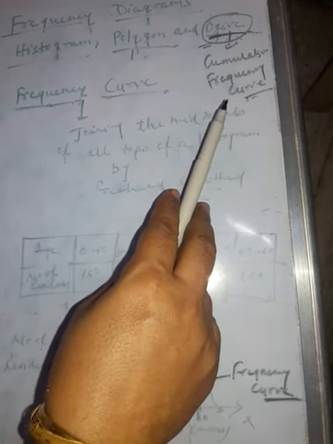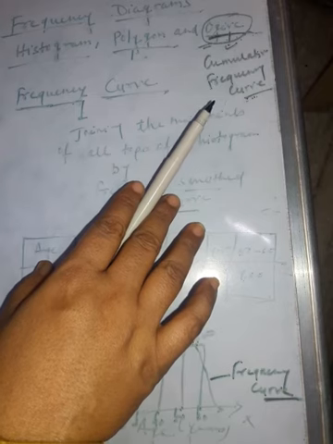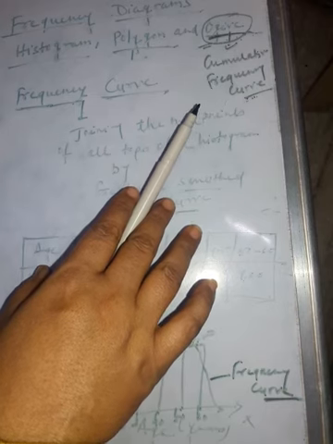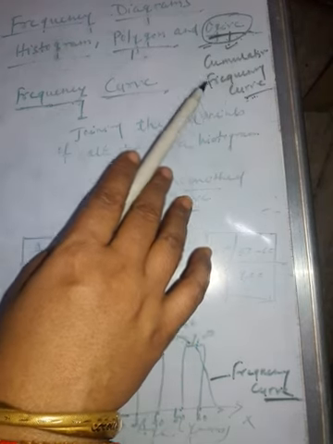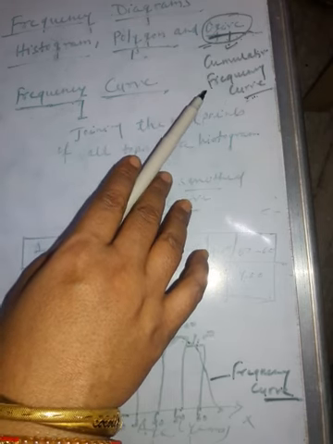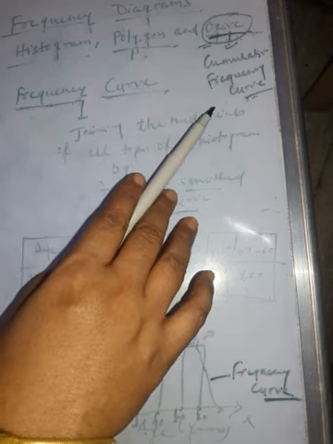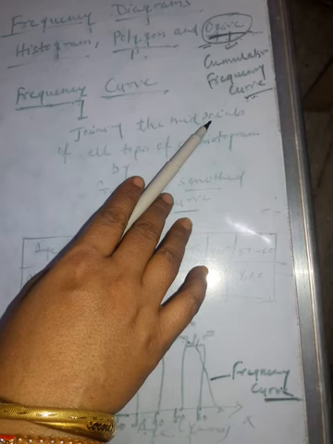In short form, in the less than ogive, frequencies are added starting from the upper limit of the first class interval of the frequency distribution. In my video, I already discussed how to find out cumulative frequency. So in ogive, especially in less than ogive and more than ogive: in less than ogive, frequencies are added starting from the upper limit of the first class interval of the frequency distribution.